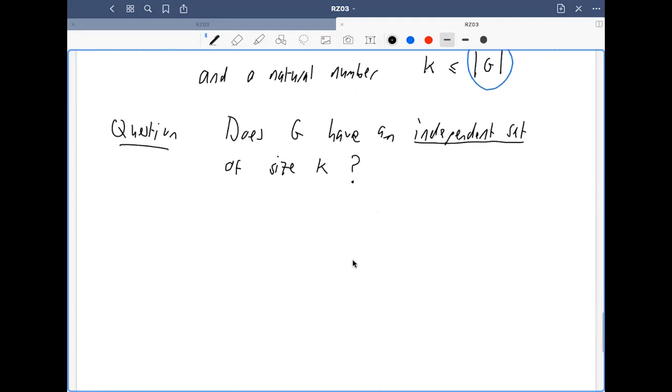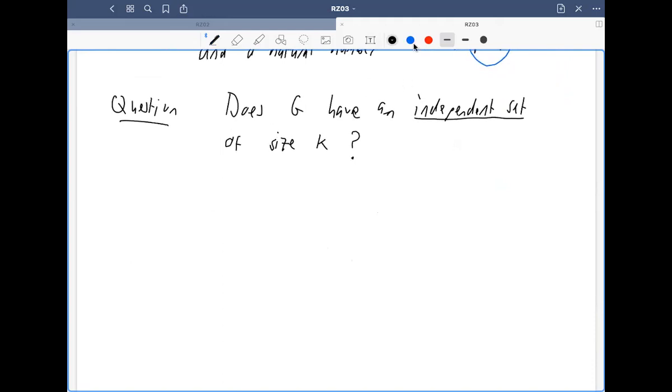An independent set in a graph G is also known as an anti-clique. Let's write this in blue.